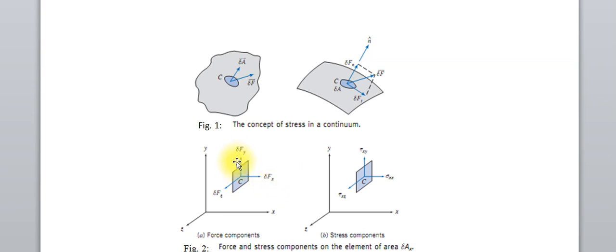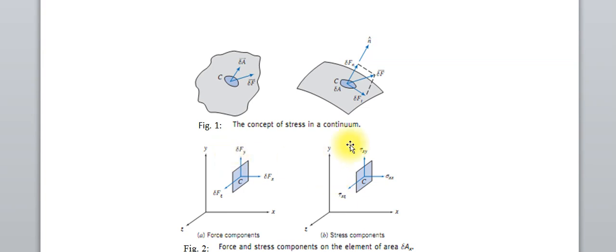The force in the y direction, but the plane is x, we call tangential. So the z force and y force in the case of the x plane will be considered tangential forces, while the force in the x direction on the x plane will be considered a normal force. And how do these forces then generate stresses?